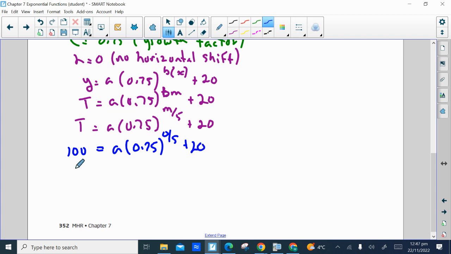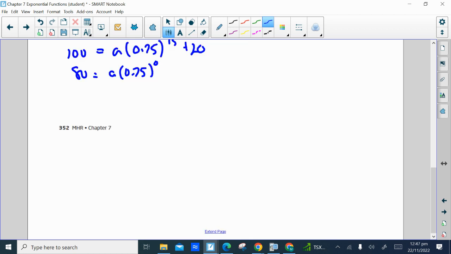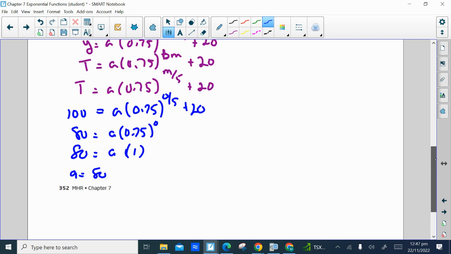So subtract 20 from both sides, you'll have 80 over on the right side, and you'll have 0.75 to the power 0, because 0 divided by 5 is 0. Anything to the power 0 is 1. And so A equals 80. And now we have our equation.